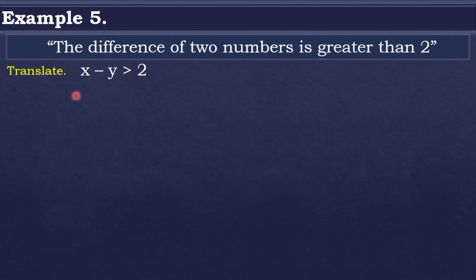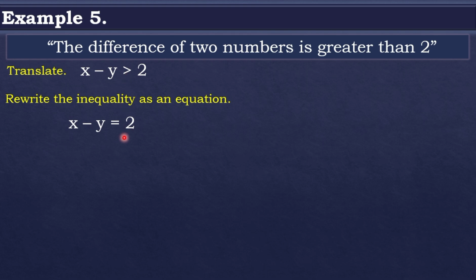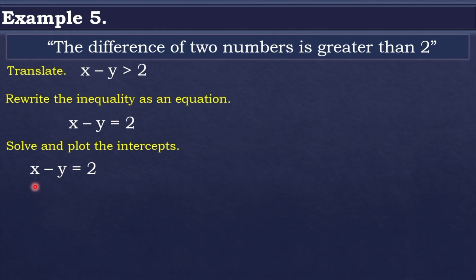Now, first step, rewrite the inequality as an equation. So it will just be equals. So, x minus y is equal to 2. Why do we write it as an equation? To get the x and y intercepts. Okay, so let's get the x and y intercepts. This is your x-intercept. x is equal to 2 because we made y equal to 0.